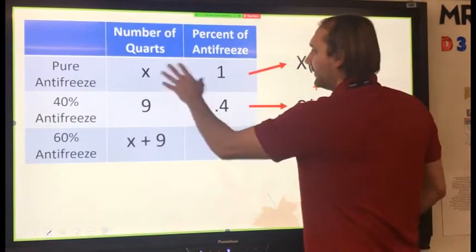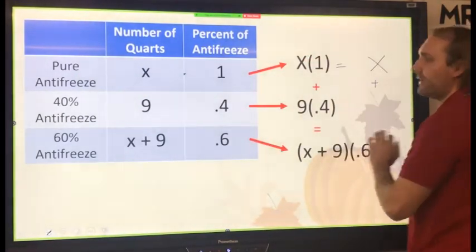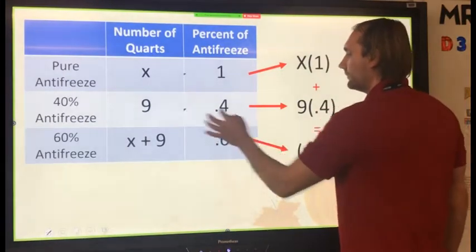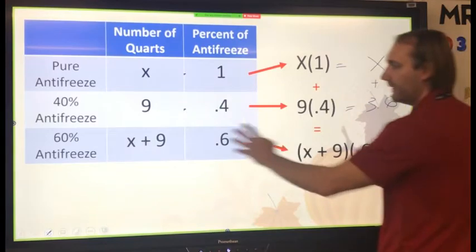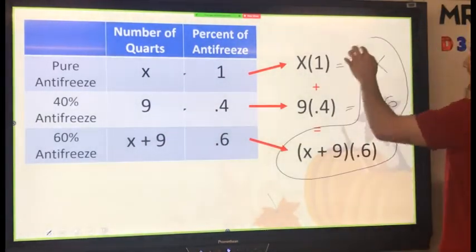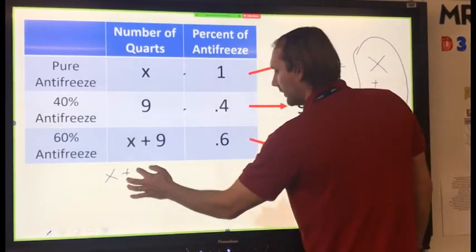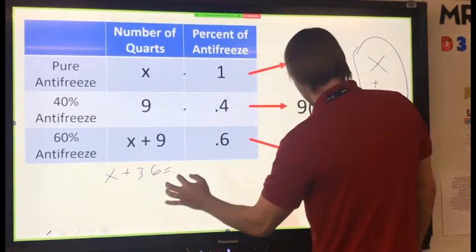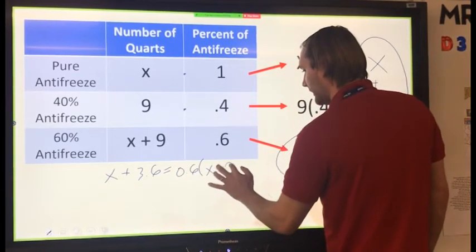So here, x times 1 gives me x, and I'm going to add it to 9 times 0.4, which is 3.6. And now here, 0.6 times (x plus 9). So here is my equation: x plus 3.6 equals 0.6 times (x plus 9).